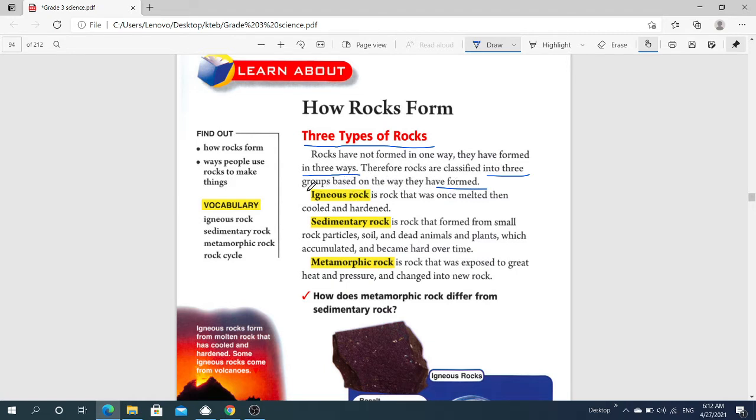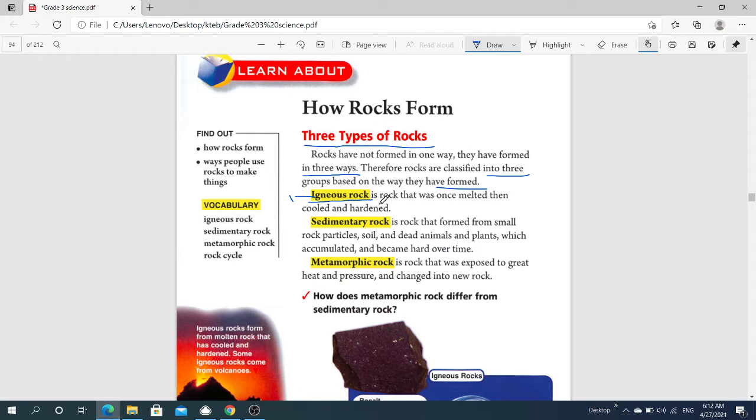Number one, igneous rock. Underline: igneous rock is a rock that was once melted, then cooled and hardened.